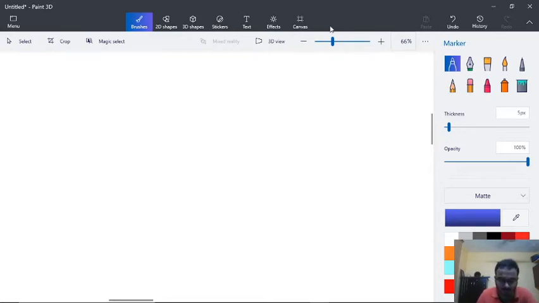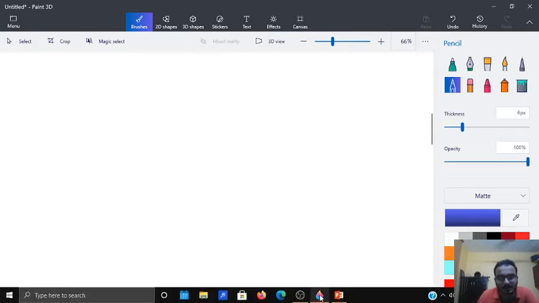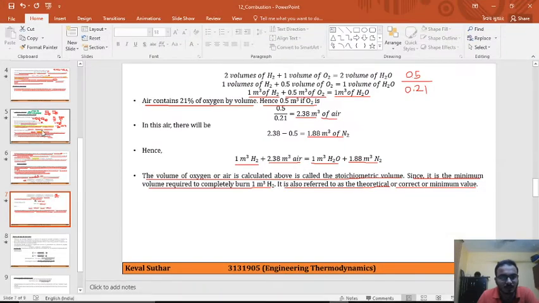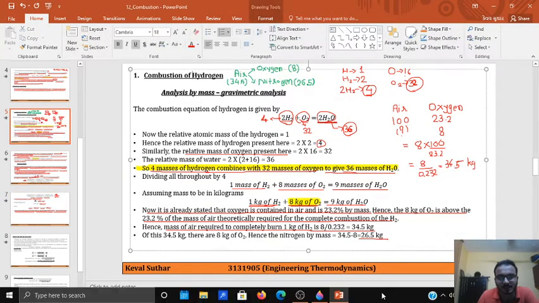So first we will begin with the formation of carbon dioxide. That is, first we have discussed hydrogen here, and now we will discuss carbon.